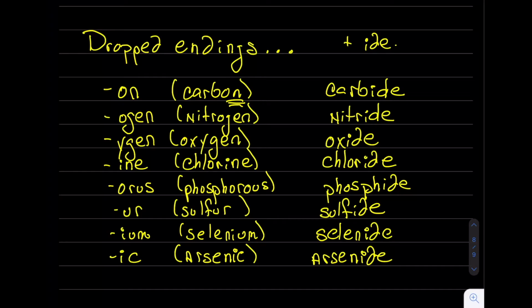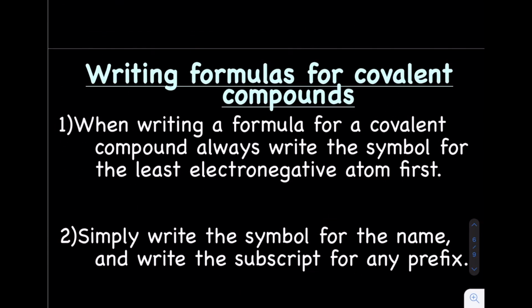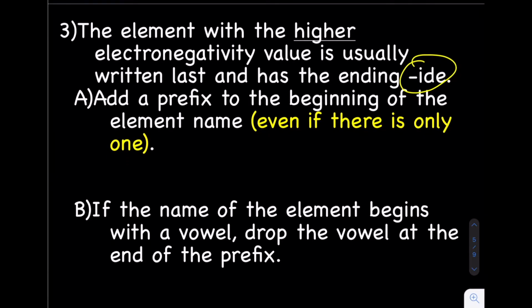You might feel like you need to memorize these. Truth is, though, if you say it out loud, you can refer back to this when you first start, but after a while, it'll just sort of feel natural what ending to drop and how to add the "ide." All right, so let's look at this again.